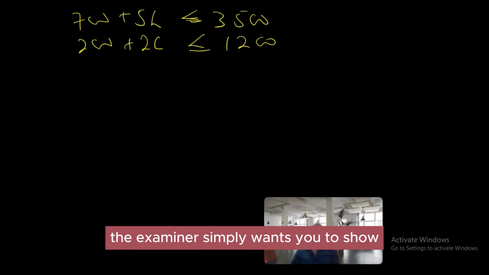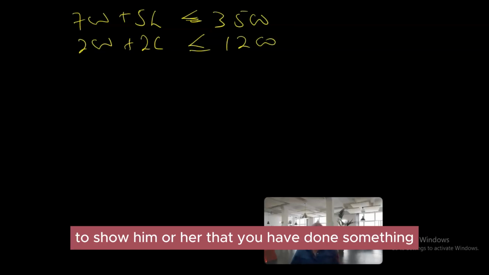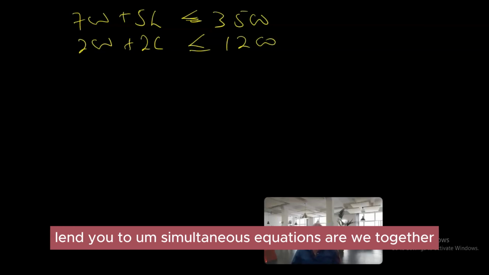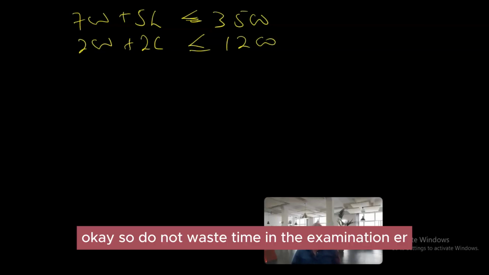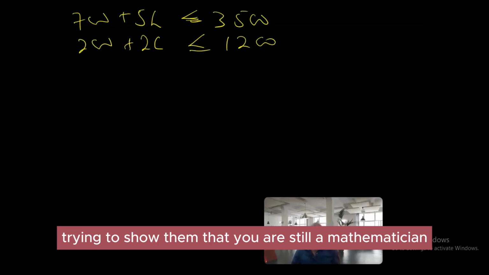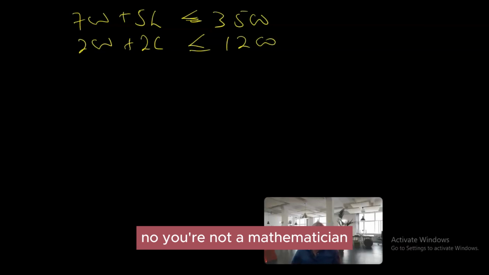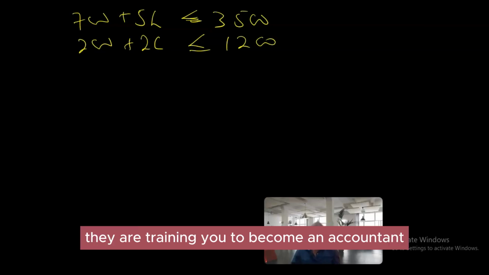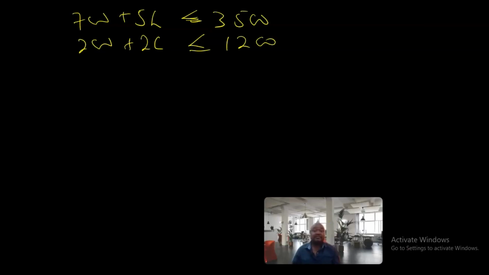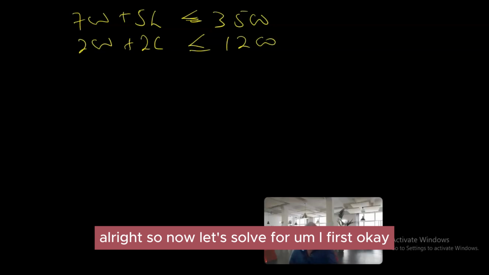The examiner simply wants you to show that you have done something linked to simultaneous equations. Do not waste time in the examination trying to show them that you are still a mathematician. They are training you to become an accountant.